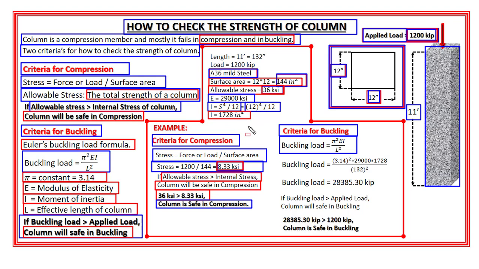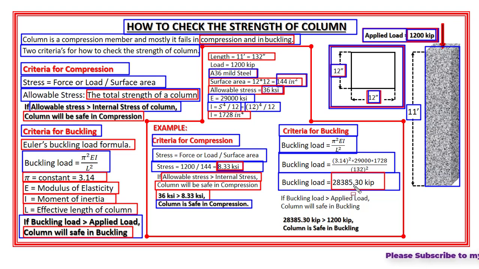The effective length of the column is 11 feet, which is equal to 132 inches. So after putting all these values in the Euler's buckling load formula, I will get the buckling load for this particular column, which is equal to 28,385.30 kip.